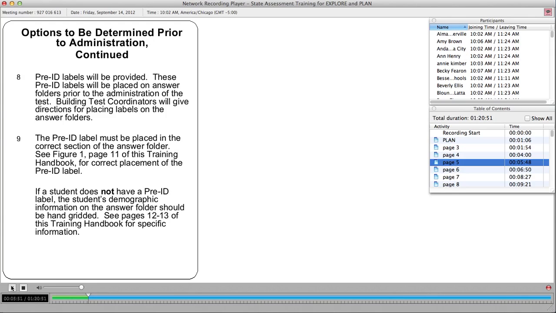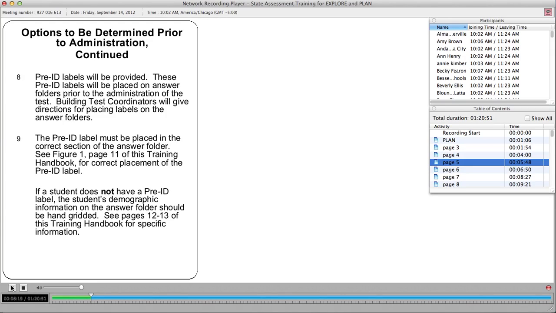The pre-ID labels will be provided. As you know, iNow is often not as reliable as it should be, but our IT department here is pulling names of students from your schools with their demographic information as we speak. There have been a few little problems, so all of your pre-ID labels may not be up to date as they should be at the time of testing.